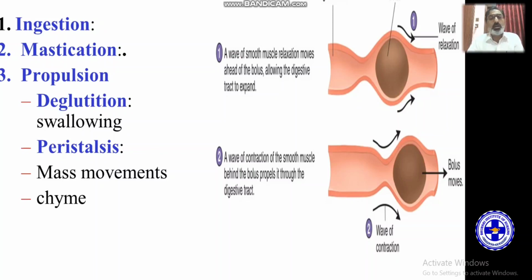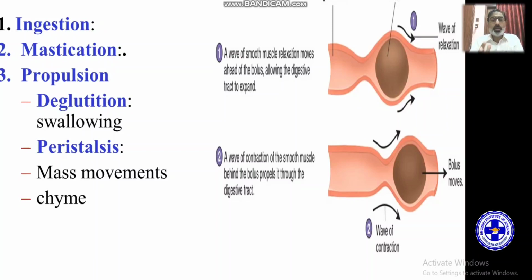These are the movements present in the GI system which propel the food forward. A second movement also present in the GIT is called mass movements.